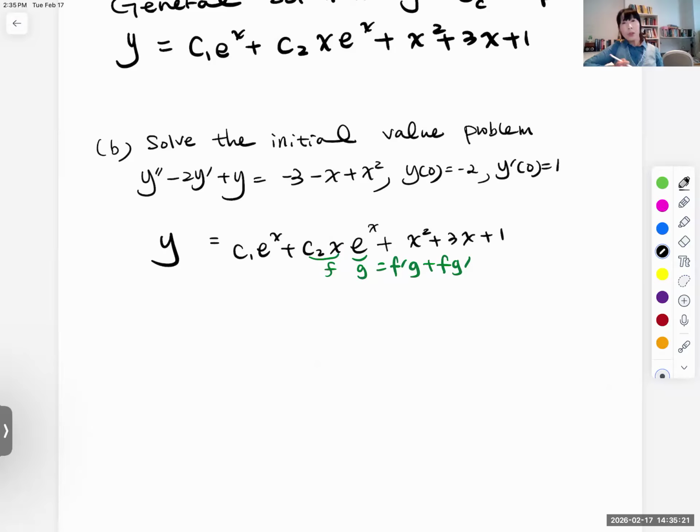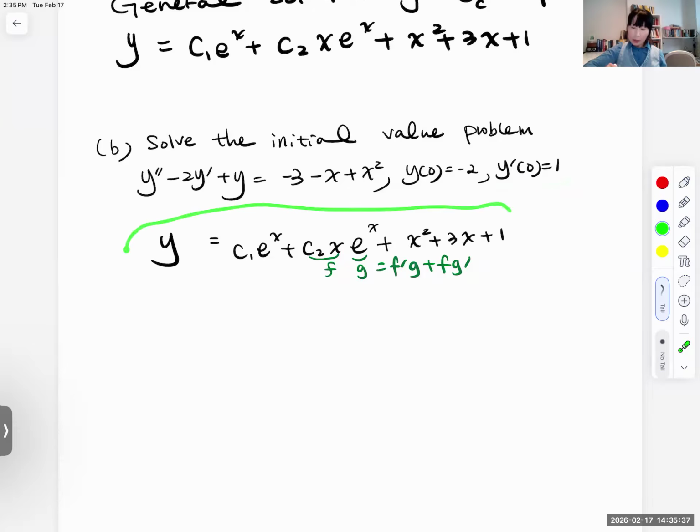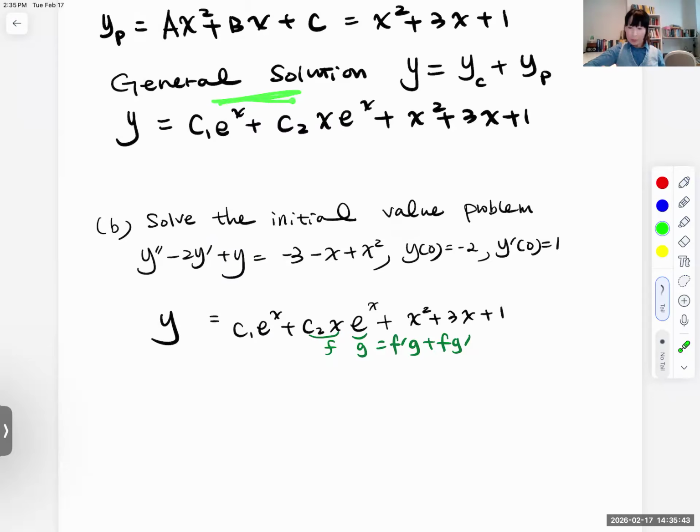So solve the initial value problem. The given information is y of 0 equal to -2 and y prime of 0 equal to 1. So this is the general solution from before, right? Here. Okay, now let us do that.